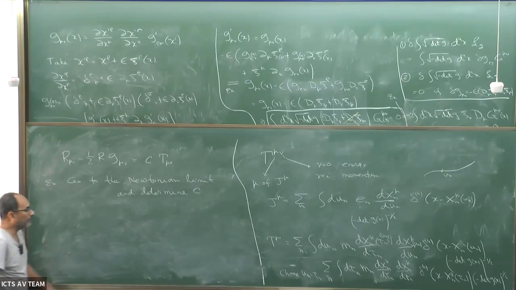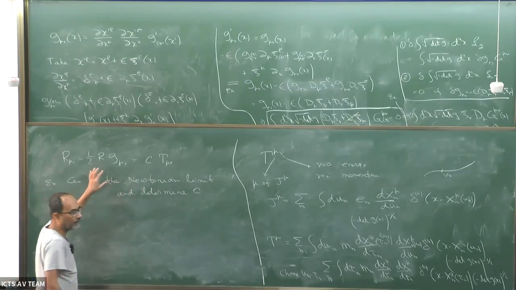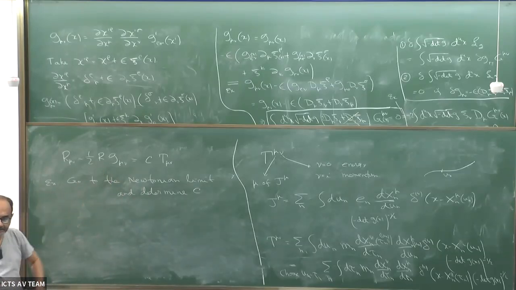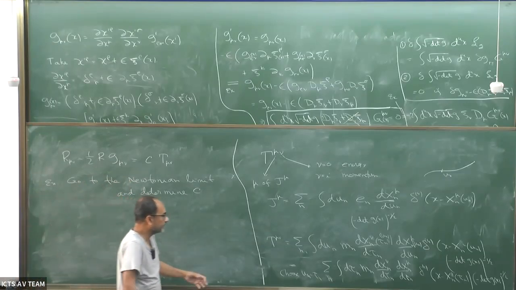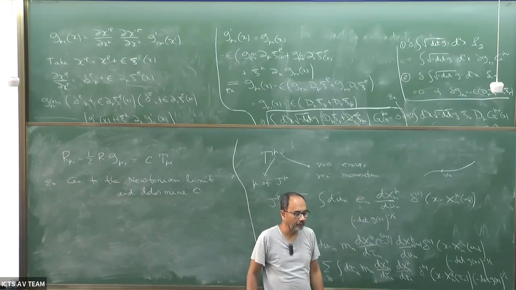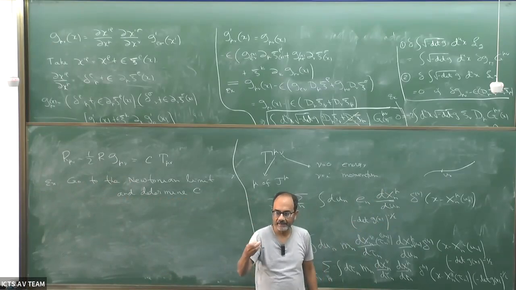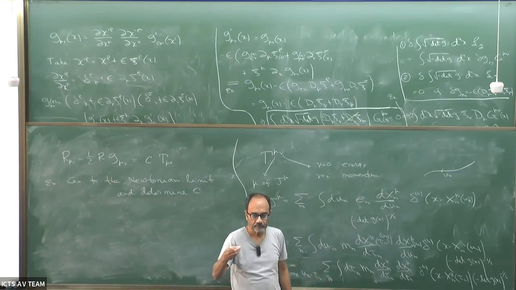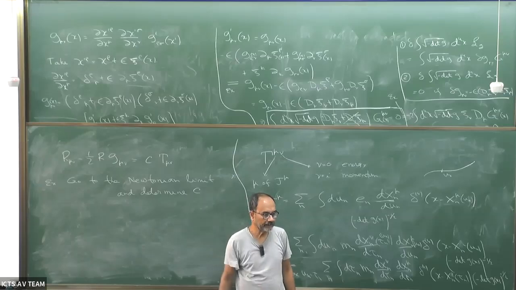So the Newtonian limit basically means, on the left hand side, weak field and static. On the right hand side, instead of assuming freely flowing particles, take them to be static. Take even one particle placed at a point. That is a static particle, and then you can compare the two sides.